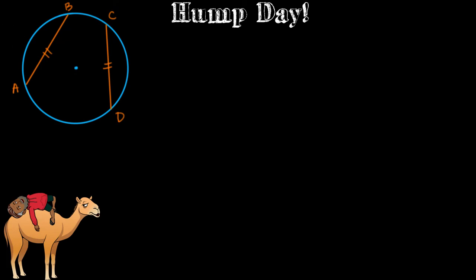And this is our first property for today. Our property is that if this chord right here, chord AB, is congruent to this chord, chord CD, then we can conclude that the arc corresponding to AB, this arc here, must also be congruent to this arc here that corresponds to CD.